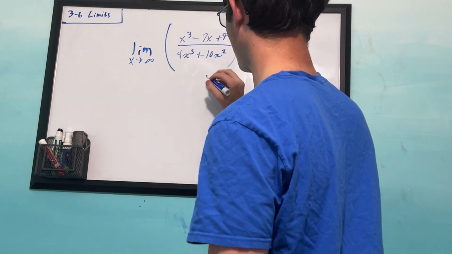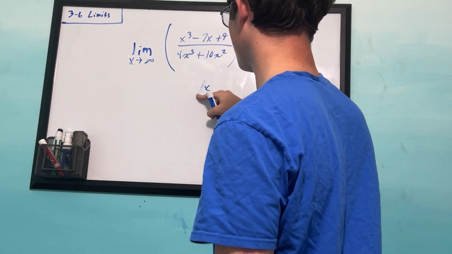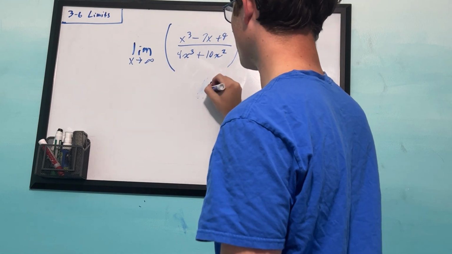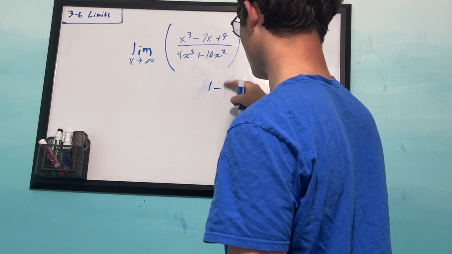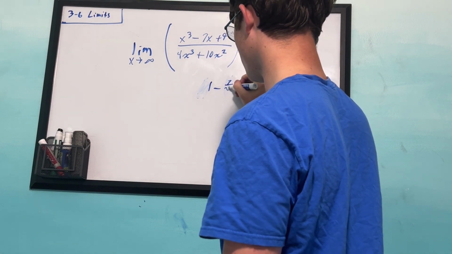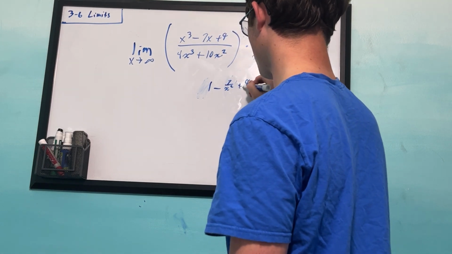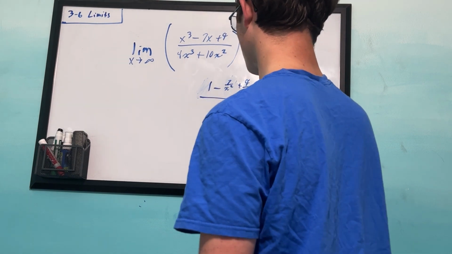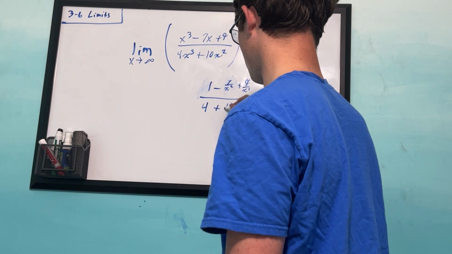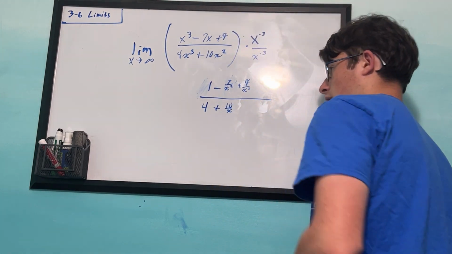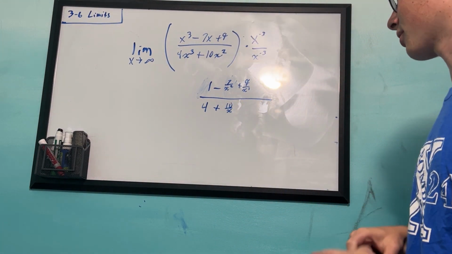So what we'll be left with is 1 minus 7 over x squared plus 9 over x cubed, divided by 4 plus 10 over x. And so you're looking at this like, okay, it's still really messy looking.